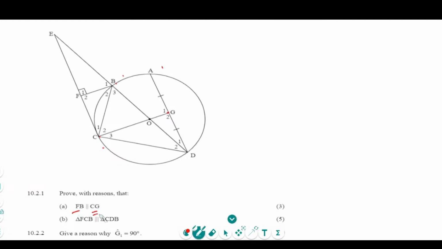is parallel to CG. So with this, all we need to do is look for either alternate angles, corresponding angles, or co-interior. Which lines are they interested in? FB to be parallel to CG. What are we going to do with this?